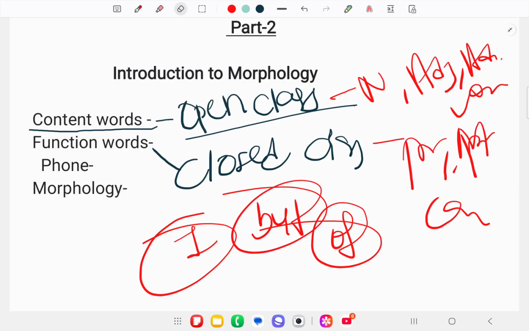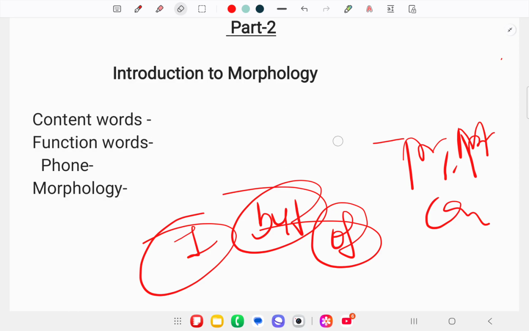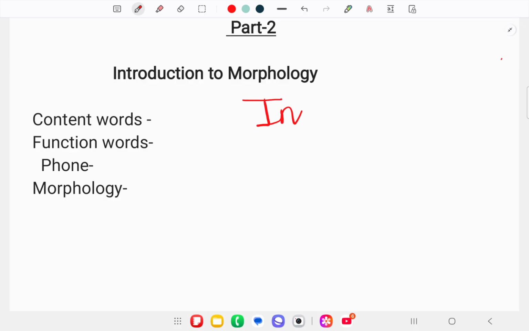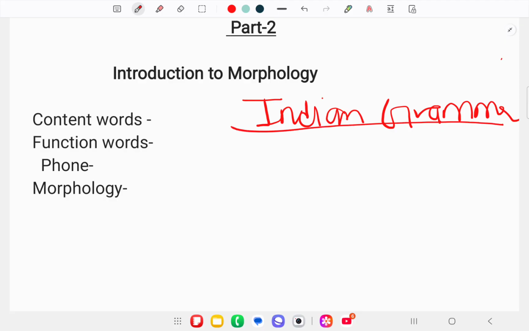When we talk about the language system from the perspective of the Indian grammarians, they consider language as a system of four successive units. What are these four successive units?